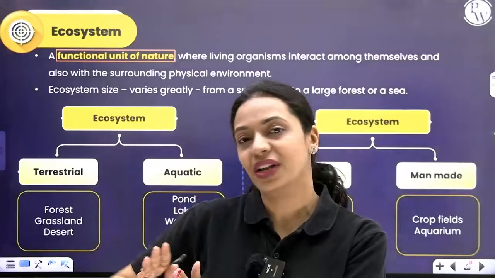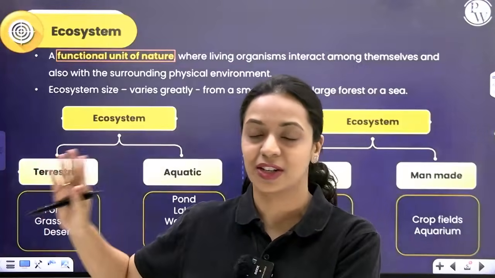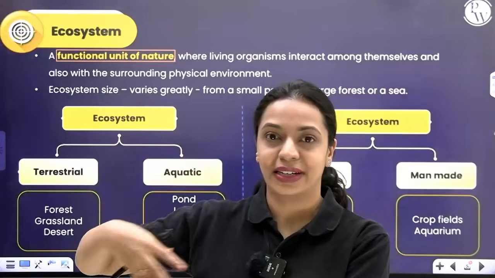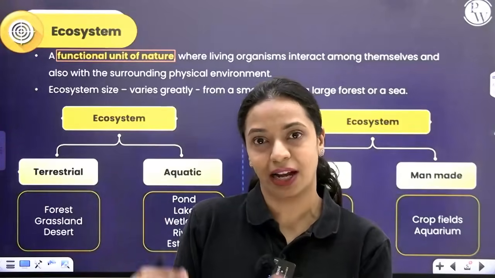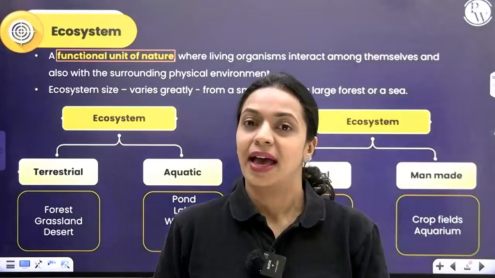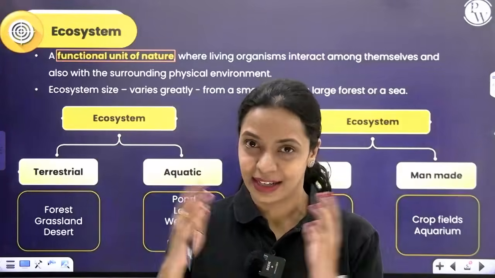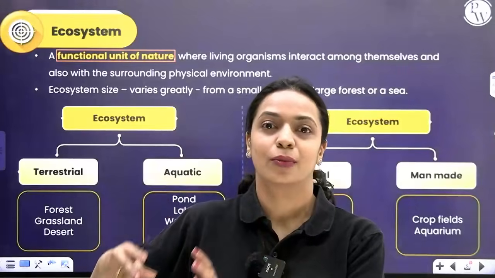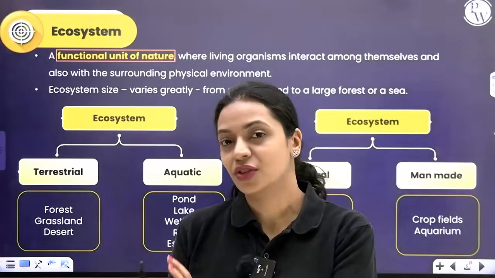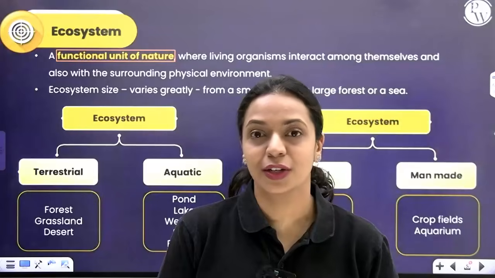Up until community, we're not even talking about the abiotic components, just living cells and different types of structures in living organisms. It's only at the ecosystem level that we bring in the abiotic component. And without that abiotic component, nature cannot survive, right? So that is the smallest unit which is capable of functioning. So that's why it's called the functional unit of nature.